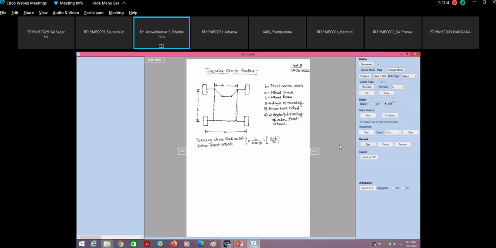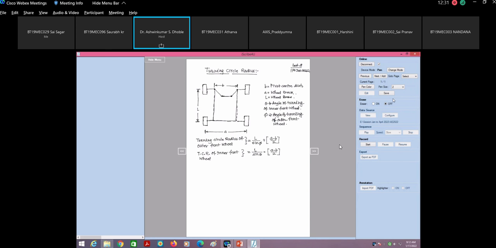Then the turning circle radius of the inner front wheel is given by L by sine of theta minus in bracket a minus b by 2.